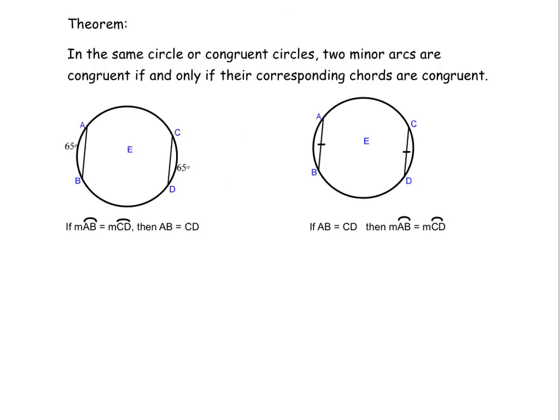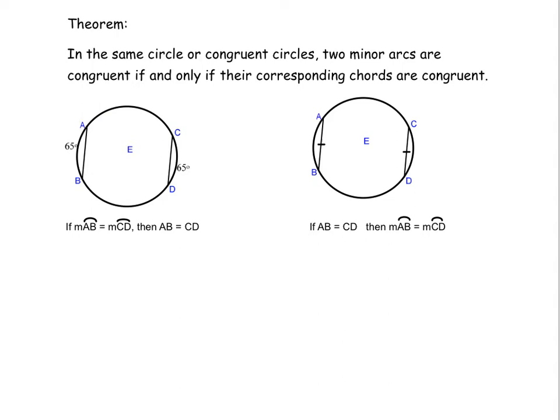Okay, our first theorem. In the same circle or in congruent circles, if two minor arcs are congruent, then their corresponding chords are congruent. Because of the if and only if part, this theorem works both ways, so the converse is also true. We know this from what we did last section.